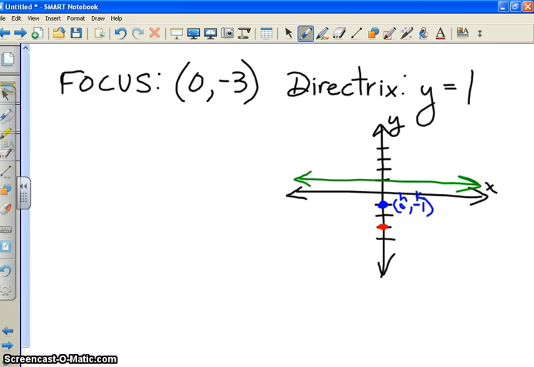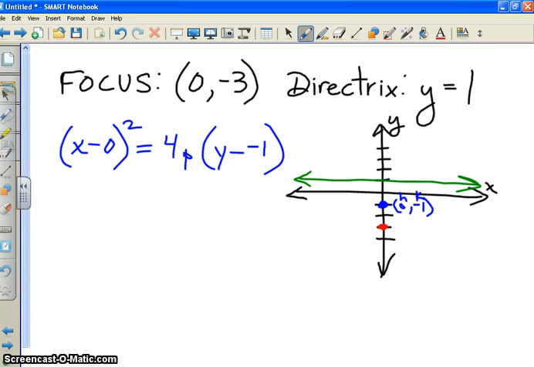So plugging the h and k into my formula, (x minus 0) squared equals 4p times (y minus negative 1). Now notice the minus negative 1 is going to turn into a plus 1. And my p, that distance between the focus and the turning point, is a distance of 2. So I'm going to plug a 2 in for p.